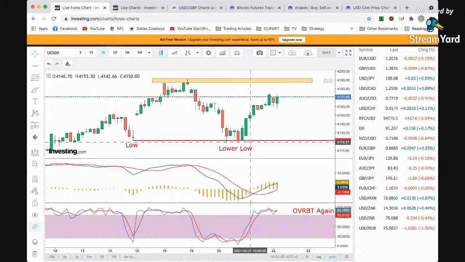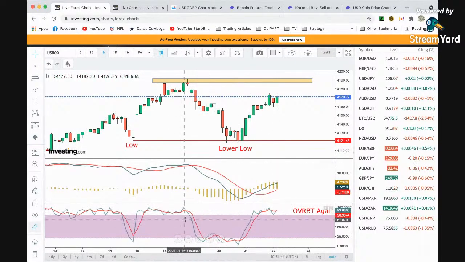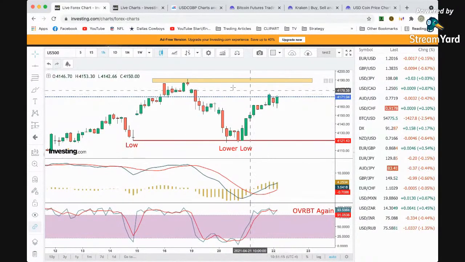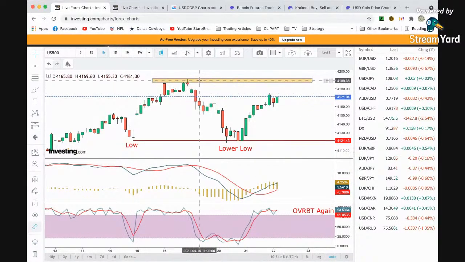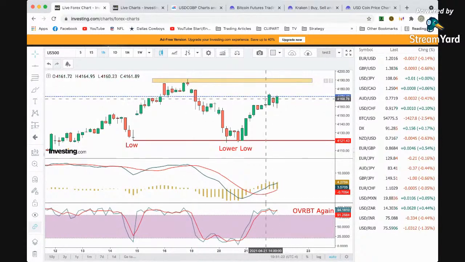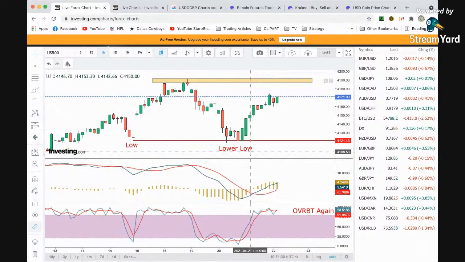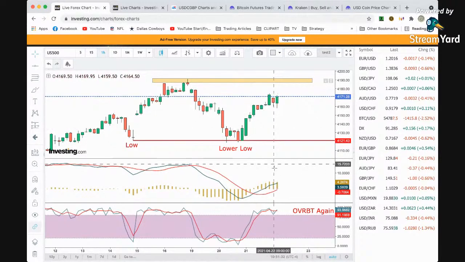My stochastic is saying we're overbought again. We were overbought here when we made this peak, and we're overbought again here, but we may not have enough energy to make a higher high. Prices are already going sideways. If I connect these lows, you see a little arc showing that price is slowing down.